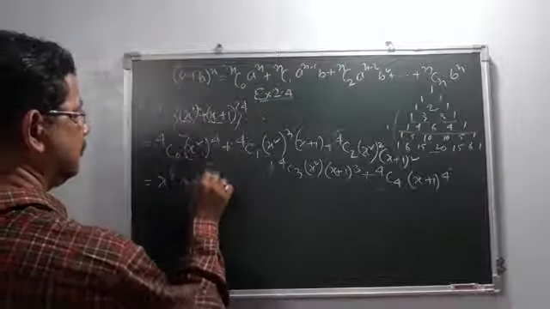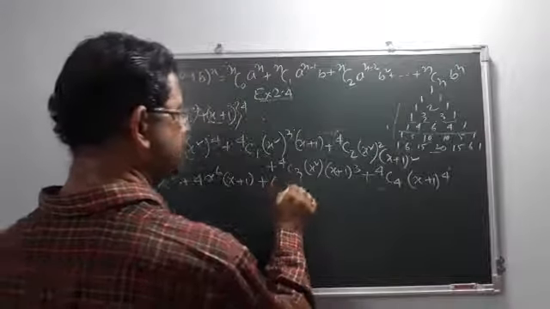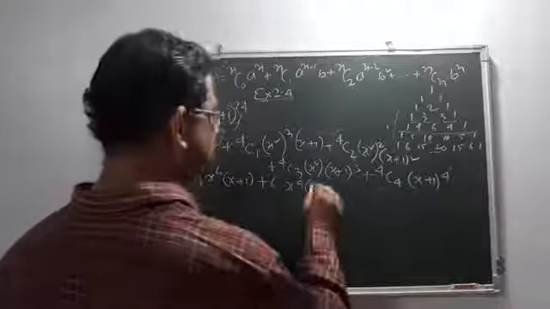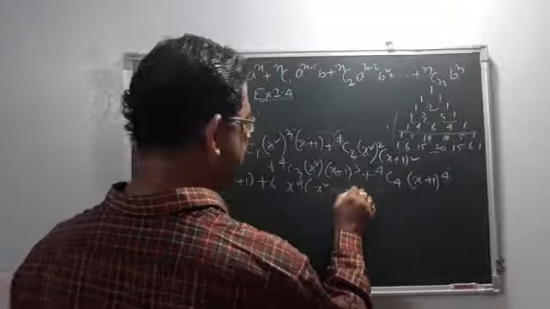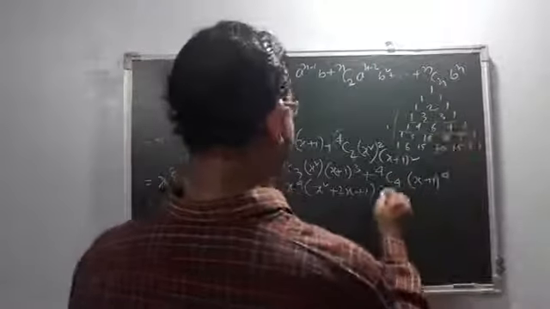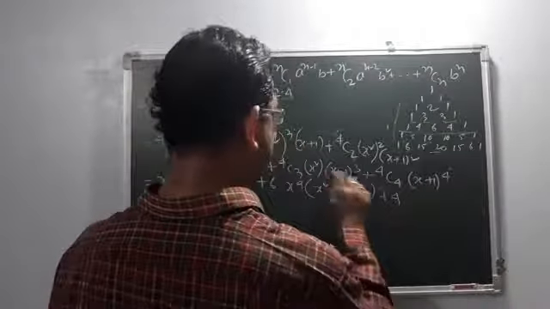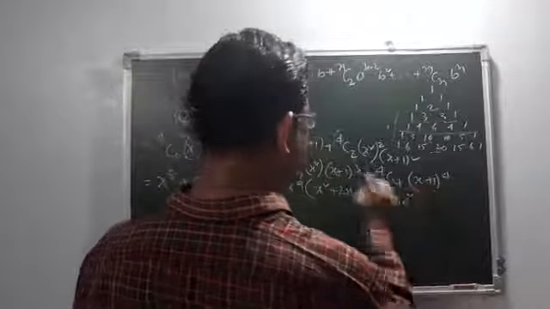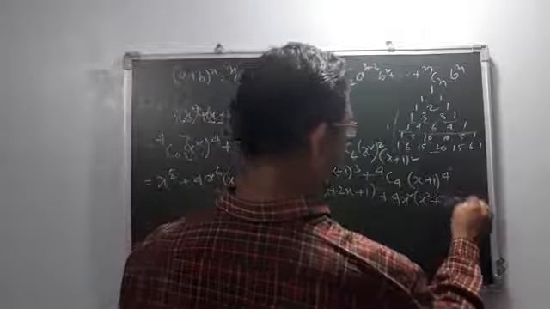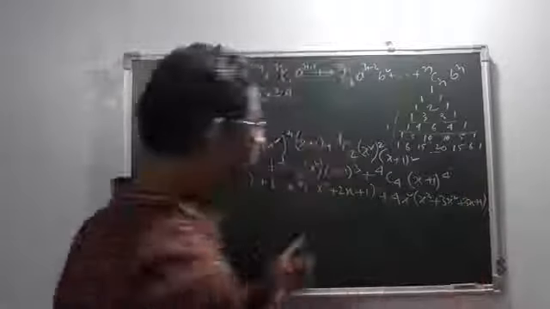This one is 6 x to the power 4, and this if we break with the (a plus b) whole square formula, x square plus 2x plus 1. 4C3 is again 4 x square, and this value if we break, x cube plus 3x square plus 3x plus 1, by the (a plus b) whole cube formula.